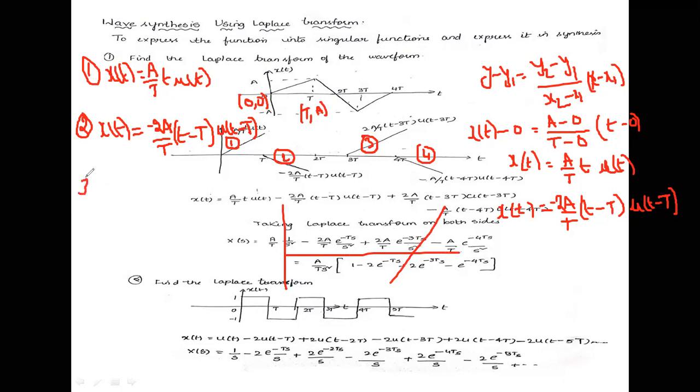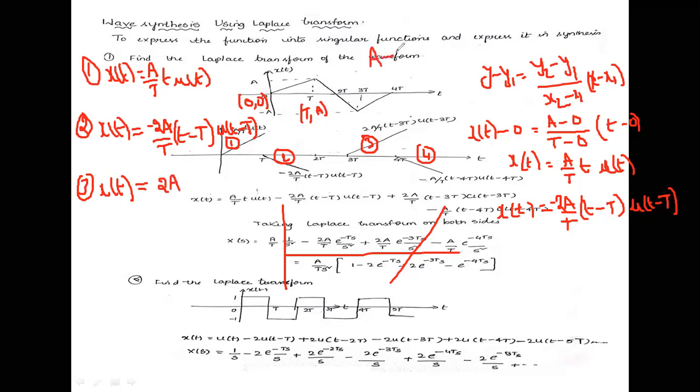So the third slope we can write as x of t equal to, after adding the A with the minus 2A, the slope is minus A. And to get a positive A slope from this minus A slope, you can add plus 2A. Got it, my dear students?